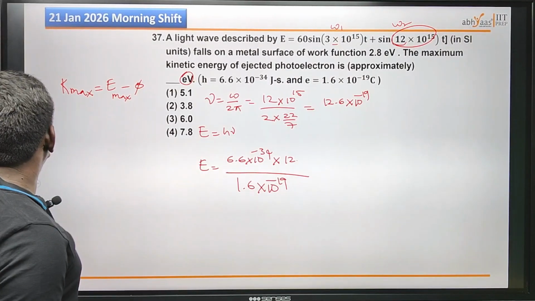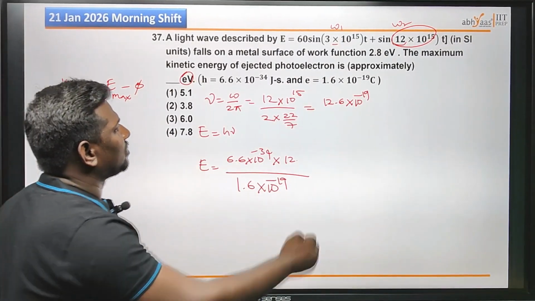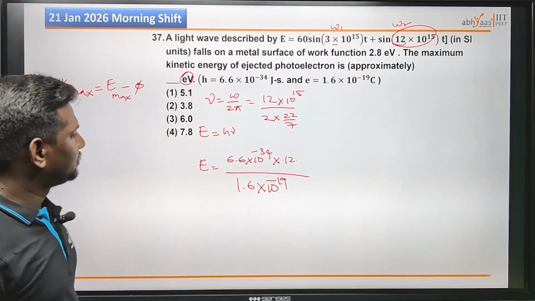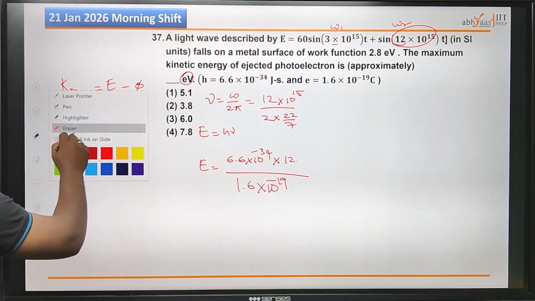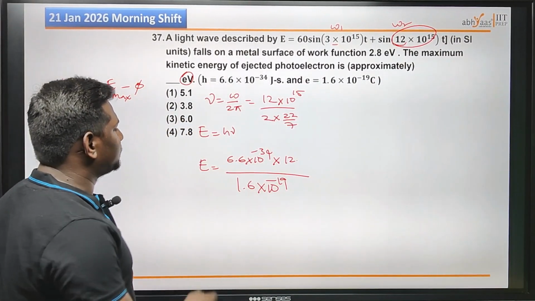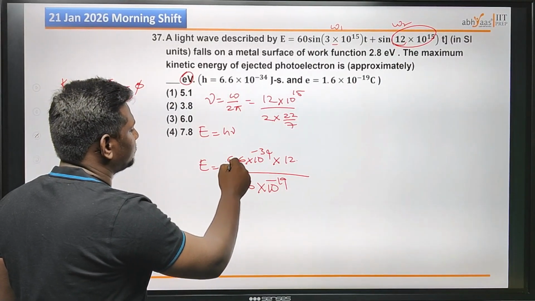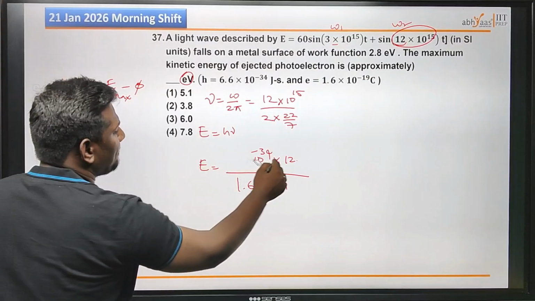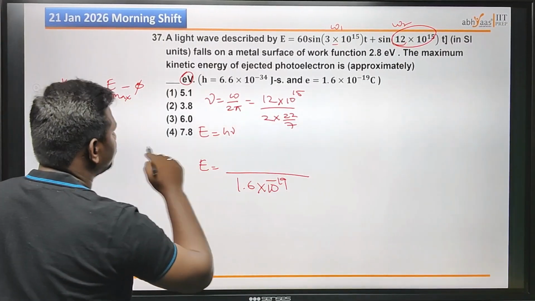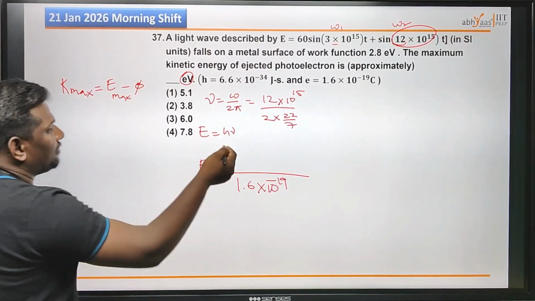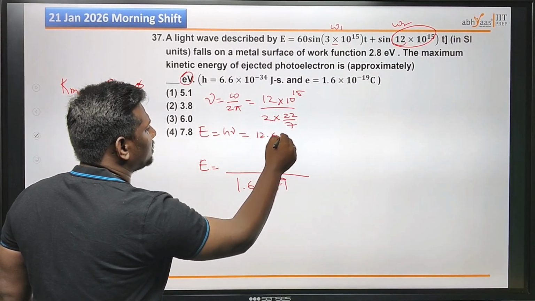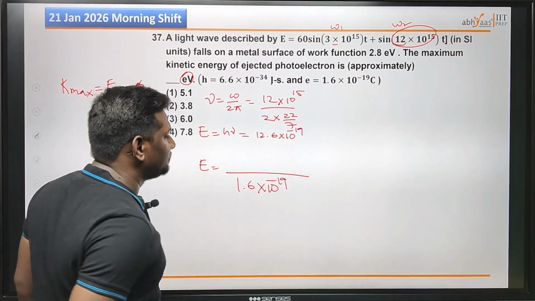So just wait, this is not the exact value. So see here, if you find the energy from this equation, you are getting 12.6 into 10 to the power of minus 19.